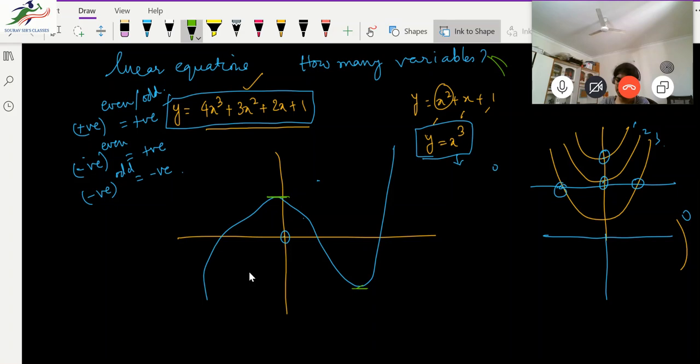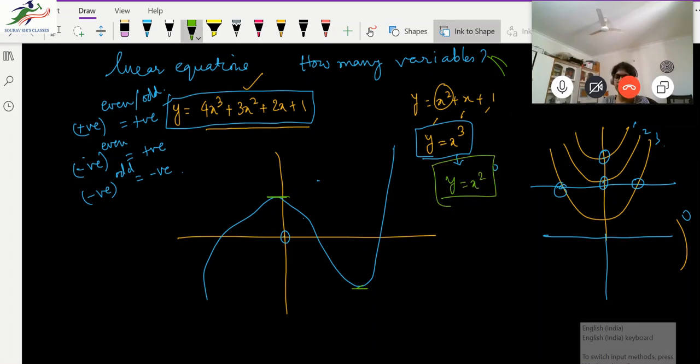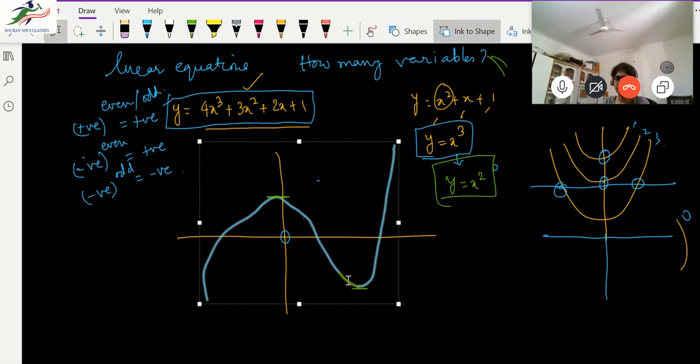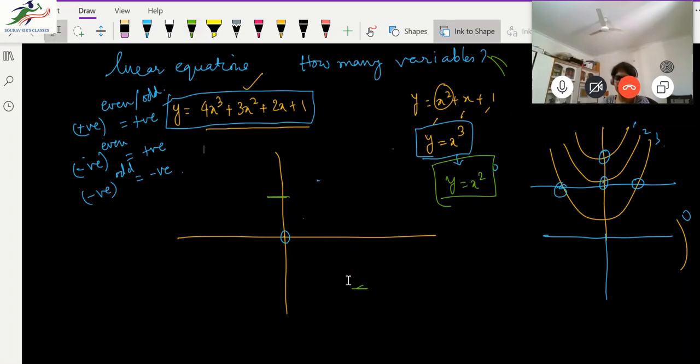Now, can you tell me why this will have a minima and a maxima? I don't know, sir. Okay, let us again look at these two curves, y equal to x cube and y equal to x square. If I plot these two curves individually, what will I see?